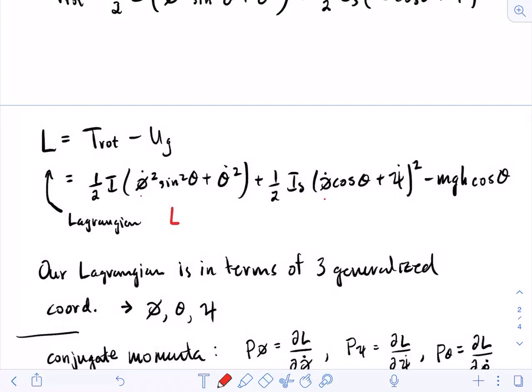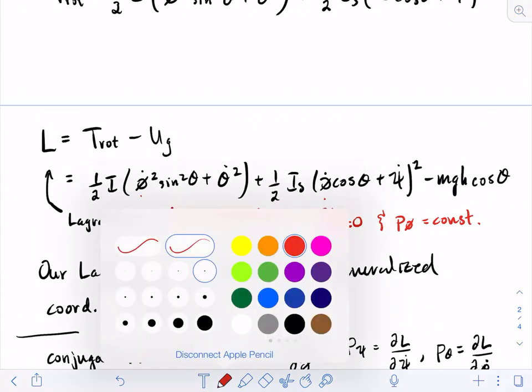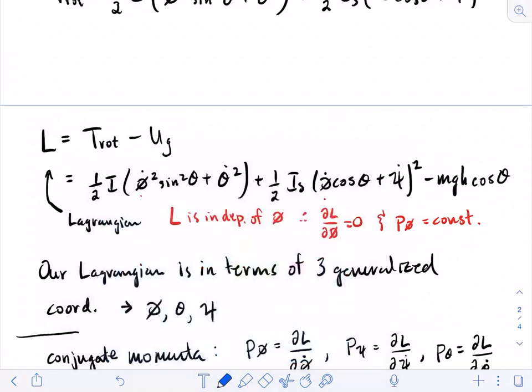So we could say L is independent of phi, therefore dL/d phi will be 0, and we expect p phi to be equal to a constant. So we're going to get one constant of our motion as the conjugate momentum p phi.